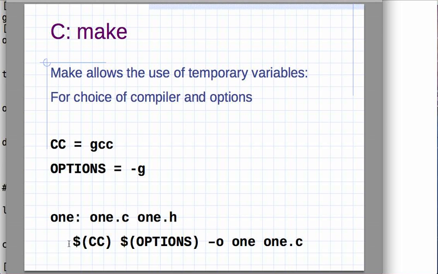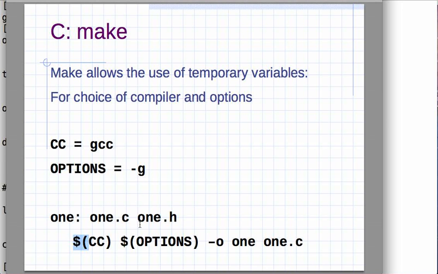So when you assign an alias to a temporary variable, you just use it normally. You just say CC equals gcc, but then when you use it in your script, you have to use $ open paren, then the alias name or variable name, followed by close paren. So in this case, you're saying GCC is the compiler with options, in this case -g.